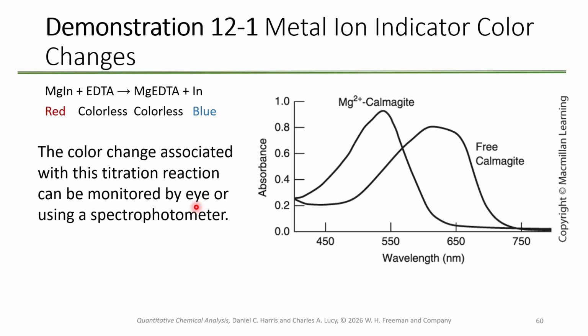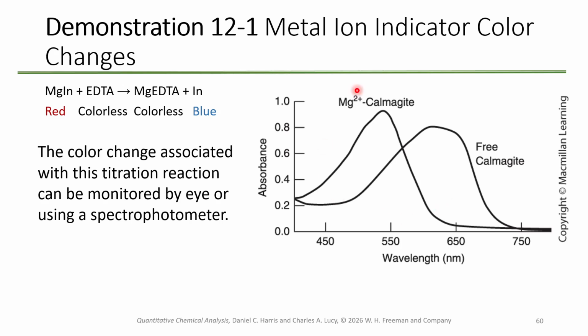Okay, this is actually what those concentrations would look like. This would be magnesium Calmagite right here, and see its wavelength is this 550-ish. And then we look up here, and this is the free Calmagite right here. And so that would have a wavelength closer to about 600 something, right? 630-ish maybe.